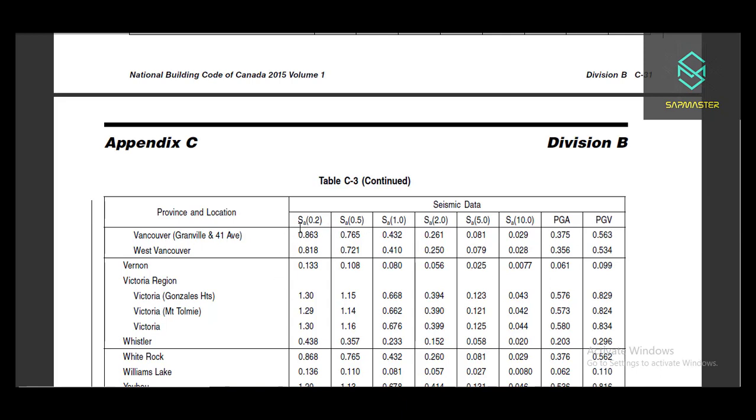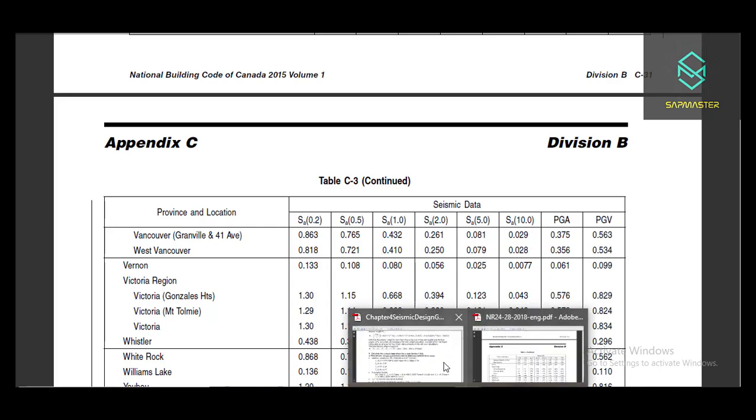So as you can see, you have the acceleration in each different period of times or time periods. So you can reach all of these from Appendix C, Division B of NBCC, right?